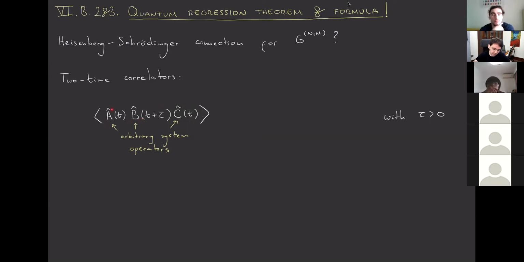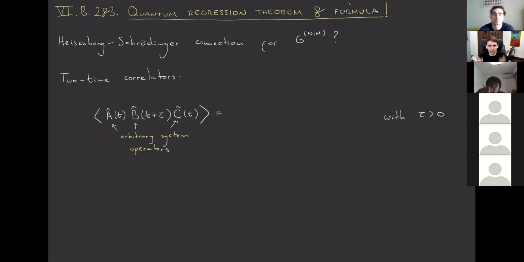Or if A is identity, then you are evaluating the correlation function between B and C, where B is in the future of C. So C is in the past of B.